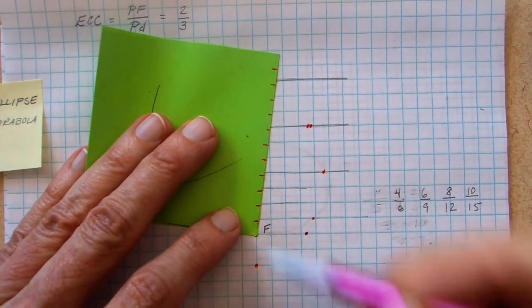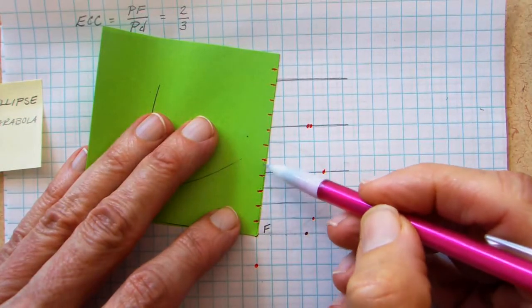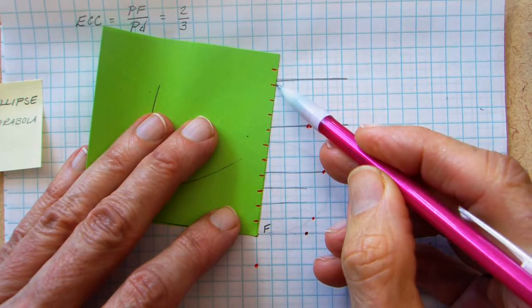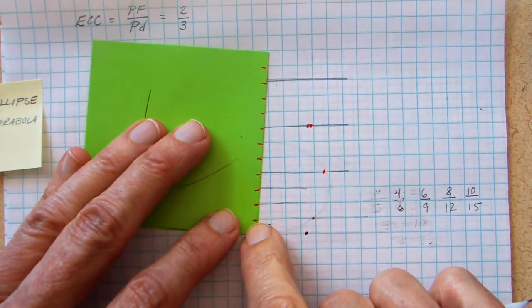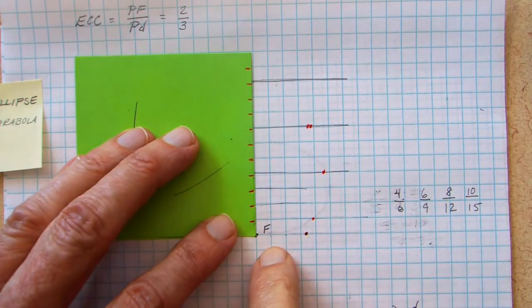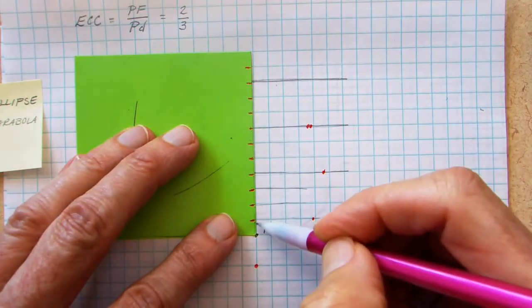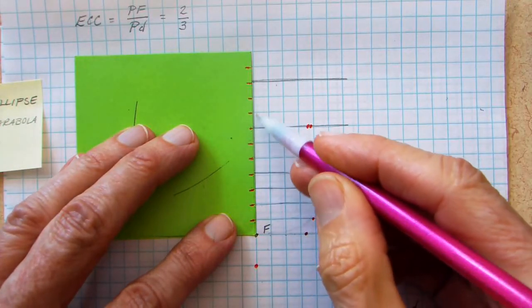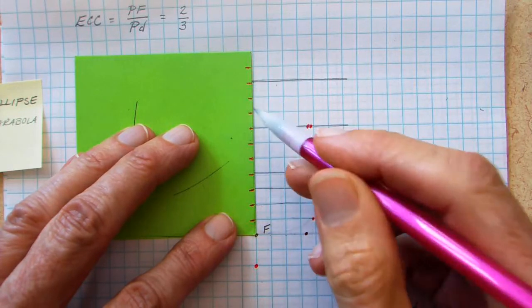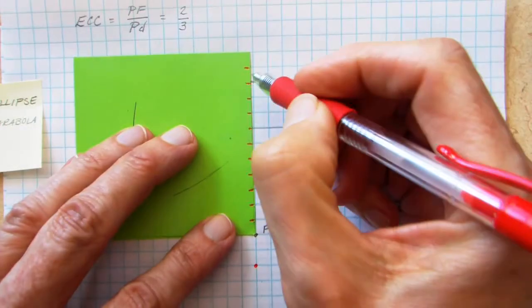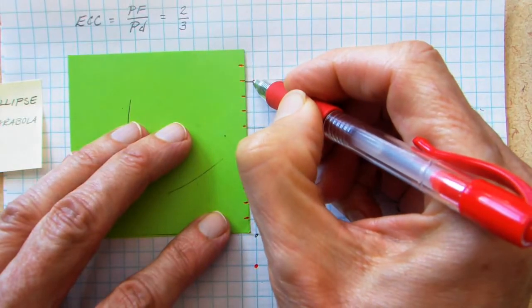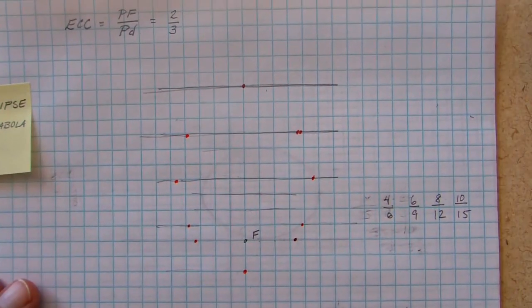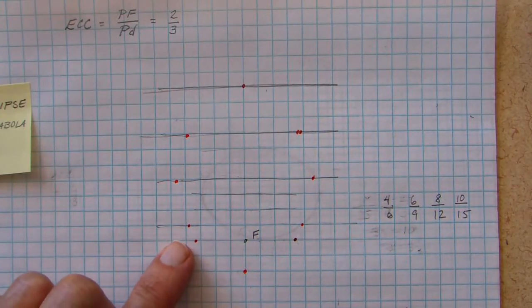Let's see. 1, 2, 3, 4, 5, 6, 7, 8, 9. Not making it. Maybe I can squeeze them out. Oh, you know what? This is 1, 2, 3, 4, 5, 6, 7, 8, 9. It's 10 straight up. Okay, so we've kind of stumbled into the very last point of the ellipse right in here.